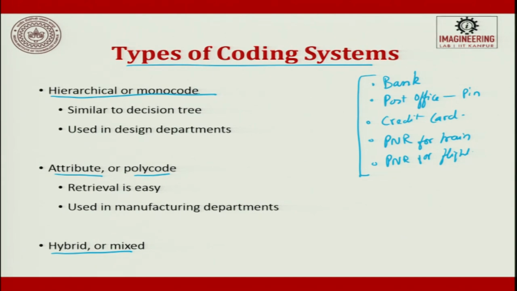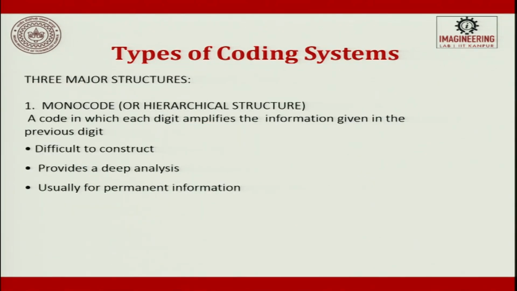In the hierarchical or monocode system, we follow a decision tree, similar to what is used in the design department. Attribute or polycode retrieval is very easy, used in the manufacturing department. So, hierarchical is common in design, attribute is common in manufacturing, and mixed is a combination of these two. These are the different coding systems which are followed in real time.